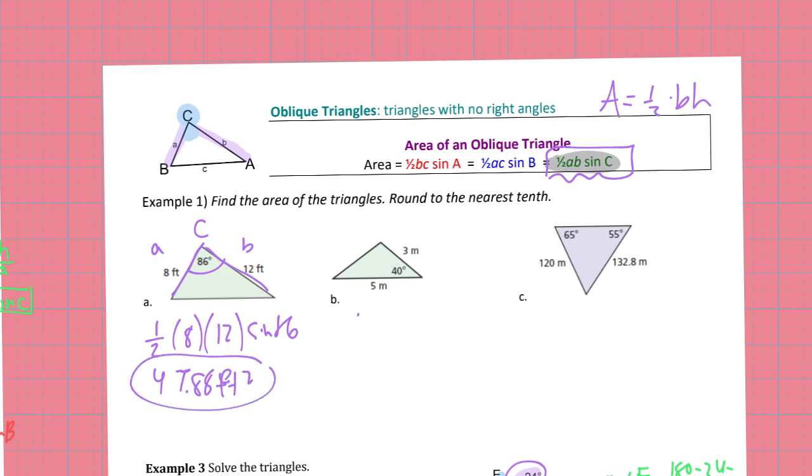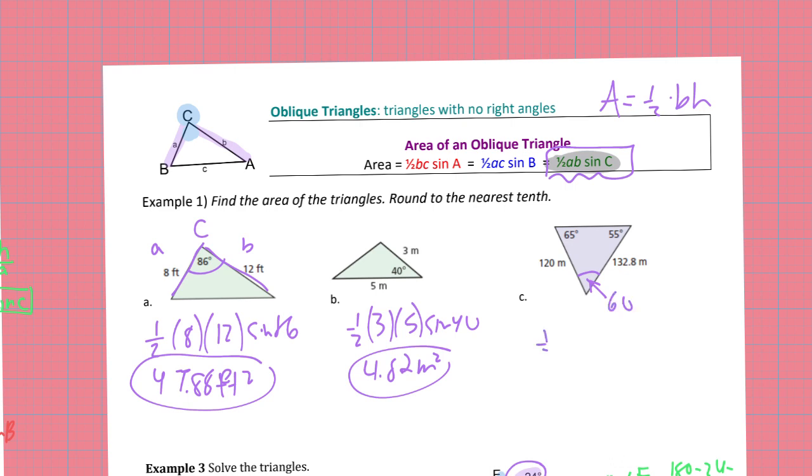This one here, you do 1/2 times 3 times 5 times sine of 40. And that'll give you the area of that triangle. That area is going to be 4.82 meters squared. And the last one, you need 2 sides and the measure of the angle. Well, I don't know that yet. If you subtract the 2 you know from 180, you're going to get that angle, and that'll be 60 degrees.